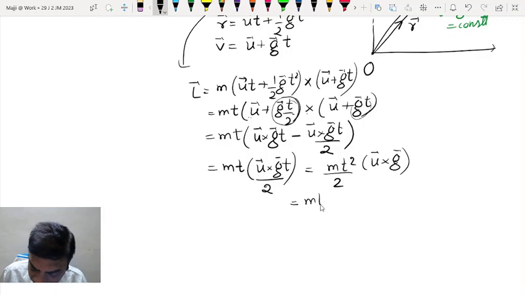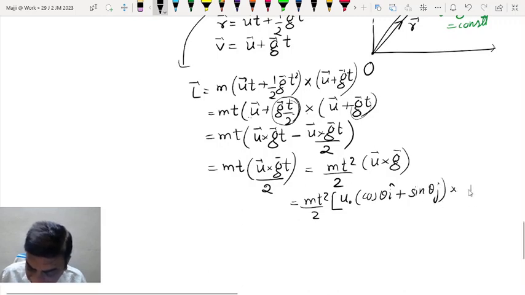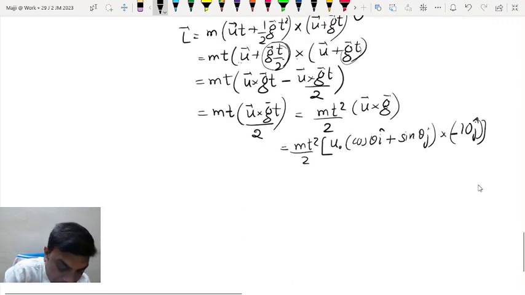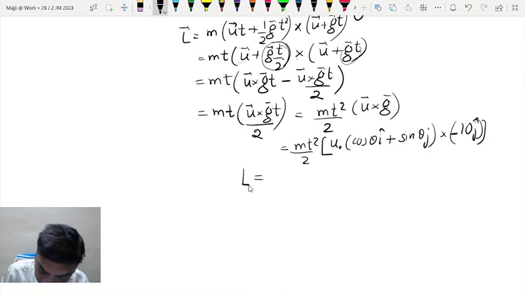Now vector u is actually the initial speed into cos theta i cap plus sin theta j cap, where theta is the angle of projection, and g is minus 10 j cap because acceleration due to gravity is minus 10. Now we can simplify to get the final end result.